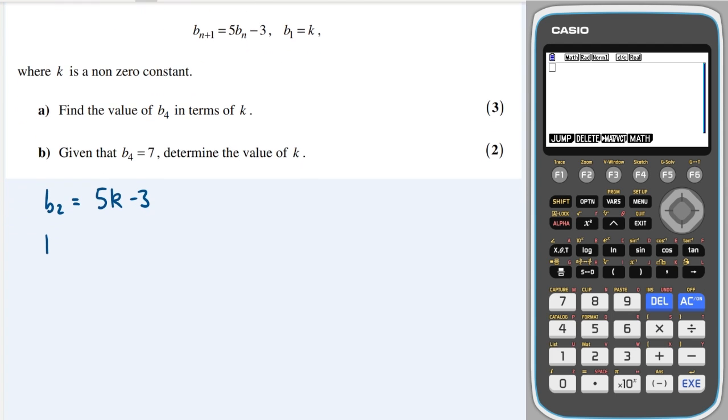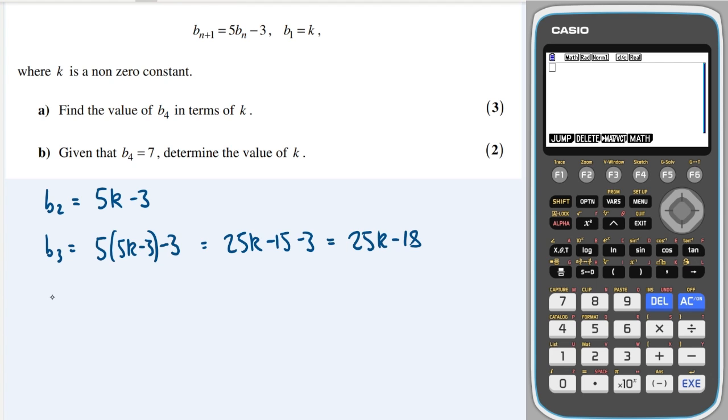Great, and then we go to B3, and we just replace Bn with 5k minus 3. So we get 5 lots of 5k minus 3, which is the same as 25k minus 15 minus 3, which is 25k minus 18.